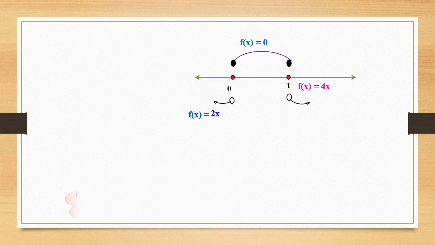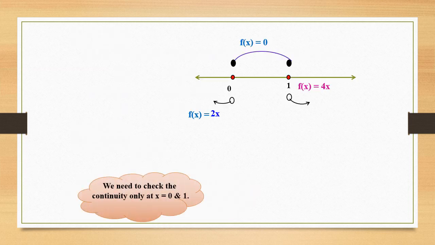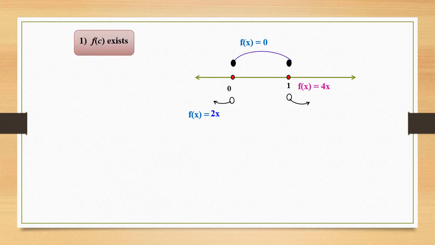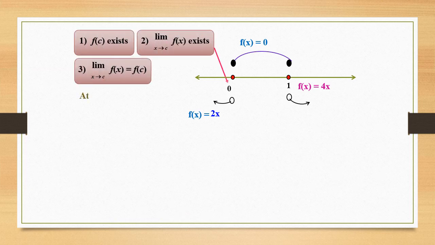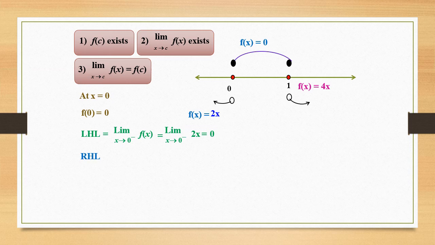Next, first we will check the continuity of the function at 0. So at x is equal to 0, the value of the function f of 0 is equal to 0. Next, LHL, limit of f of x as x tends to 0 minus is equal to limit of 2x as x tends to 0 minus, which is equal to 0.